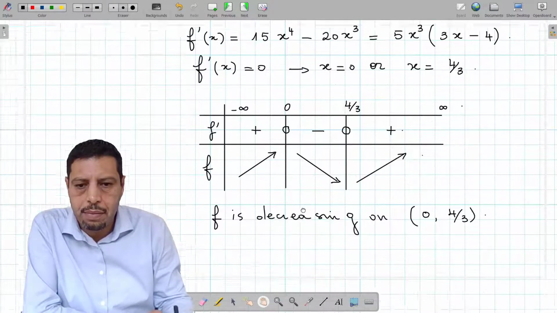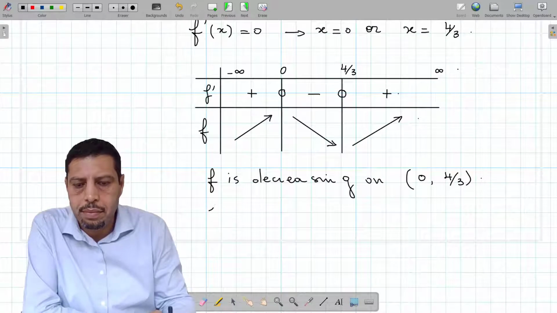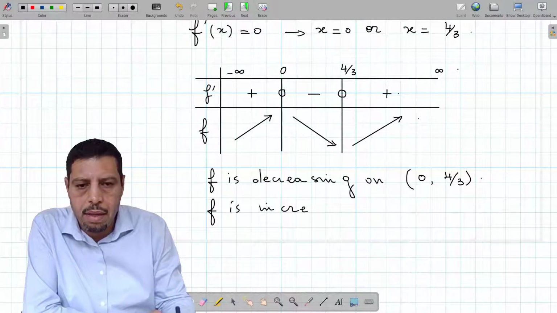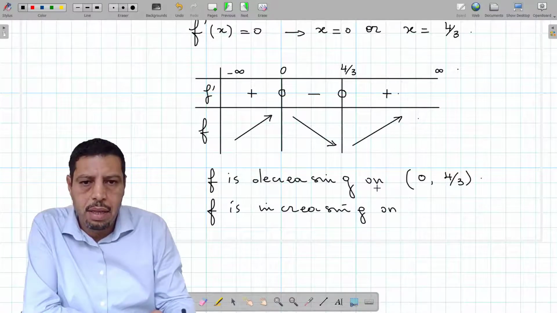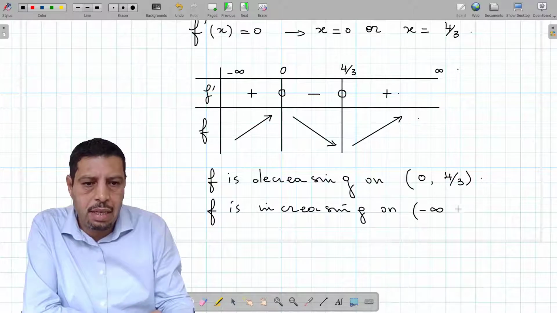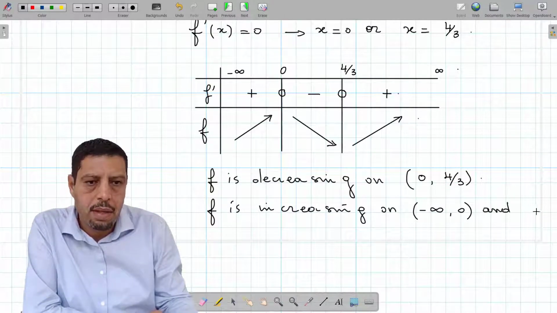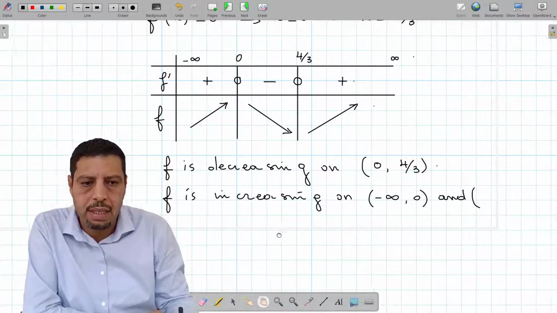F is increasing on the intervals negative infinity, 0 and 4 over 3, infinity.